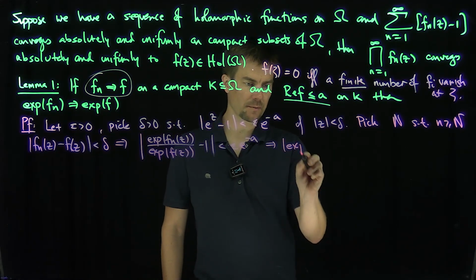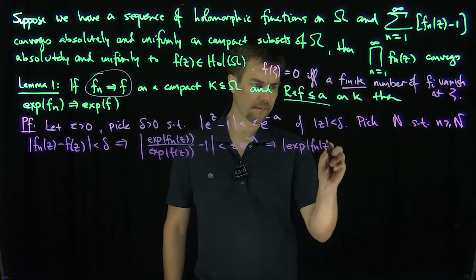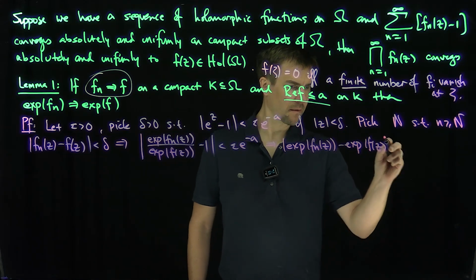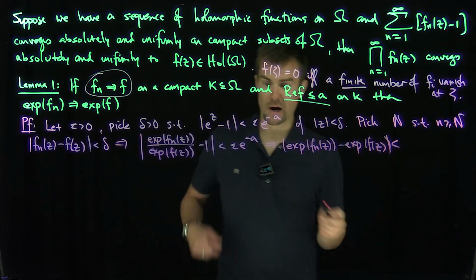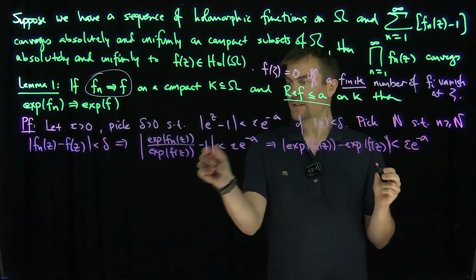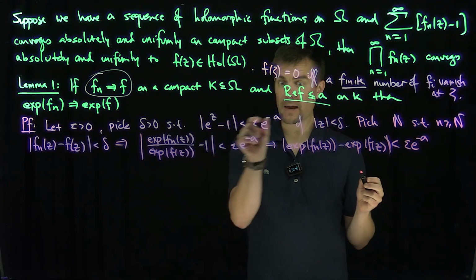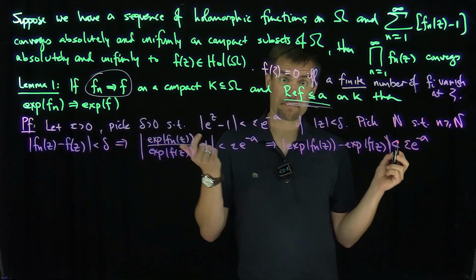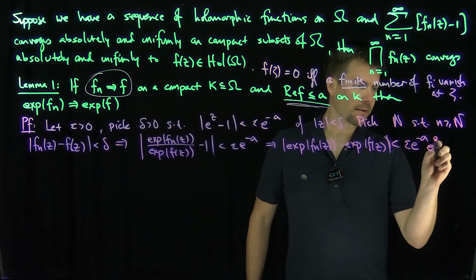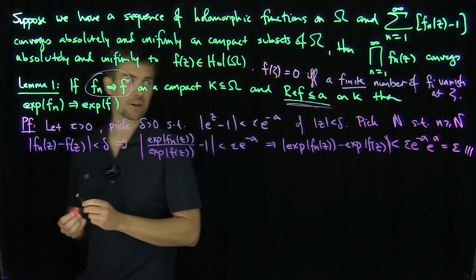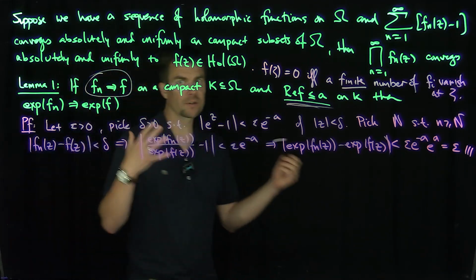This tells me |exp(fn(z)) - exp(f(z))| is less than epsilon e to the negative a times the largest that the modulus of exponential of f of z can be, which is the exponential of the real part, right? And the exponential of the real part is bounded, right? So this is going to be e to the a, which is just epsilon. And we got it, right? So I have proven that there's uniform convergence of the exponential. Excellent. Now let's go on to the proof of the theorem, right?